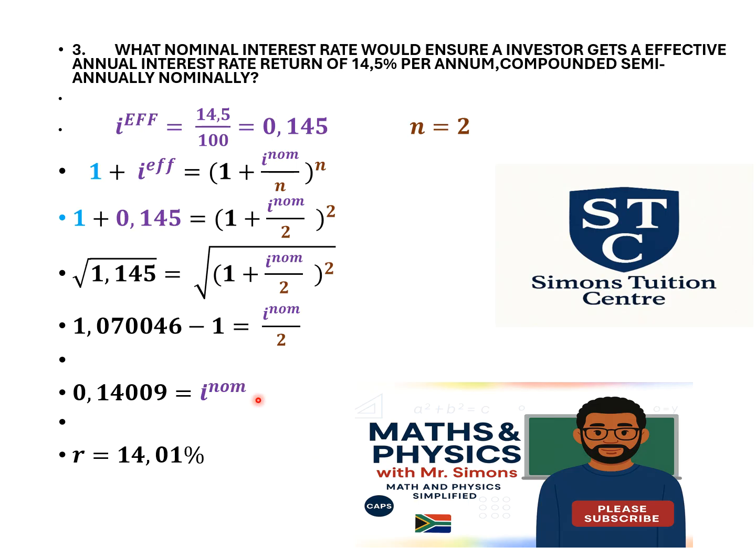If I multiply by 100, the comma shifts 2 spaces, which gives me 14.009, which technically becomes 14.01%. So my nominal rate here is 14.01% compounded semi-annually.